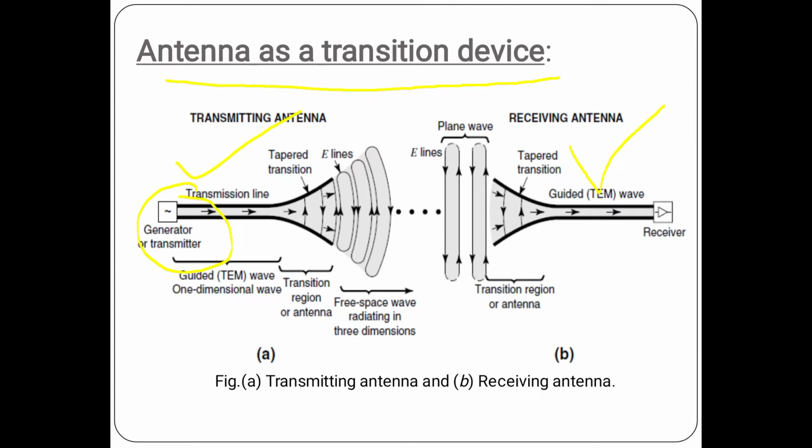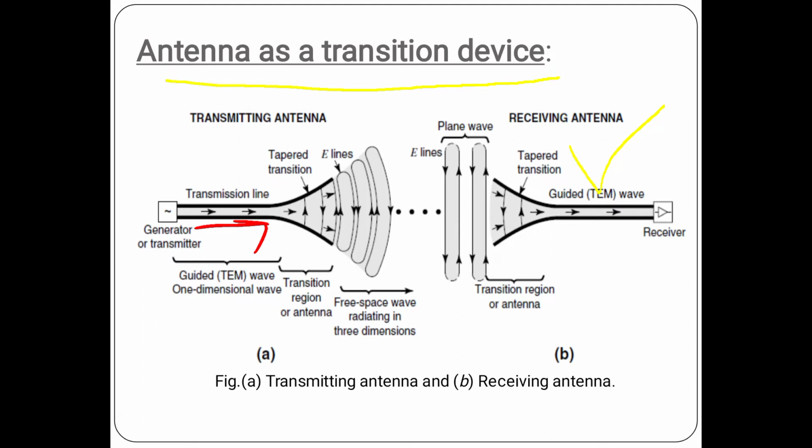That is the generator or transmitter. This line is the transmission line, which is used to carry the radio frequency AC current.